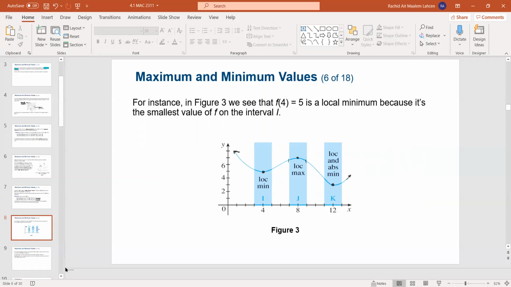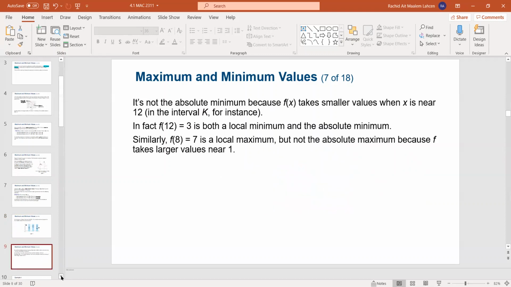So you see you have a local minimum. You also have a local minimum, but it also happens to be an absolute minimum. Here you have a local maximum, because you see the graph keeps going. But in this case, we won't say we have an absolute maximum. There isn't an absolute maximum there.